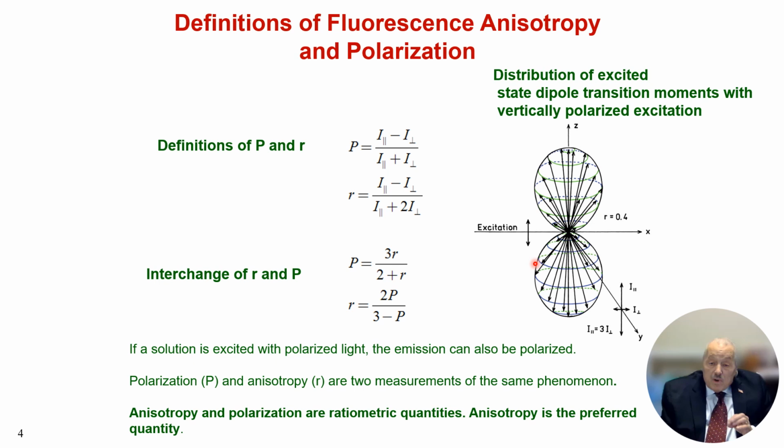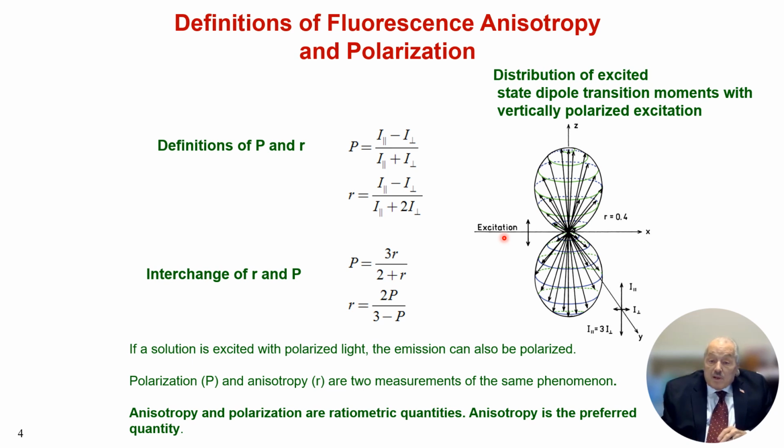First of all, what happens when you excite a sample with polarized light? Well, you're actually starting with a completely isotropic sample. The fluorophores are oriented in all directions.